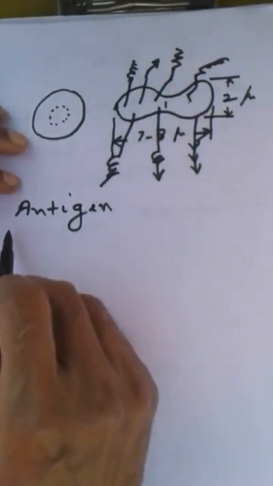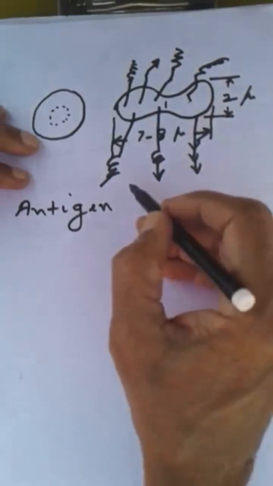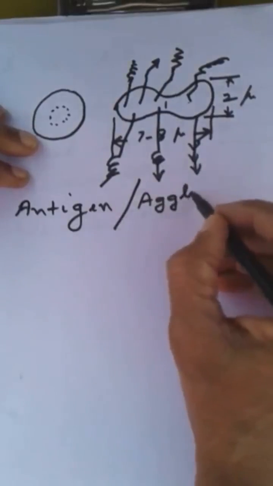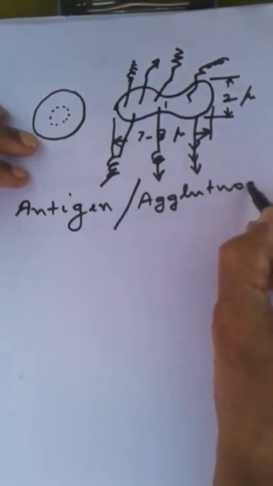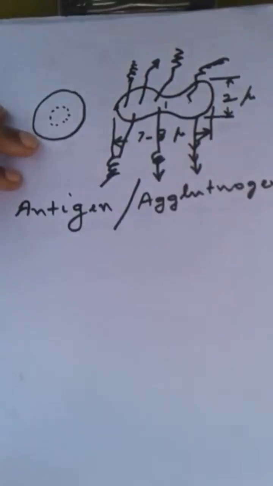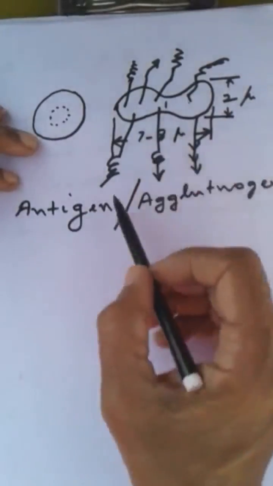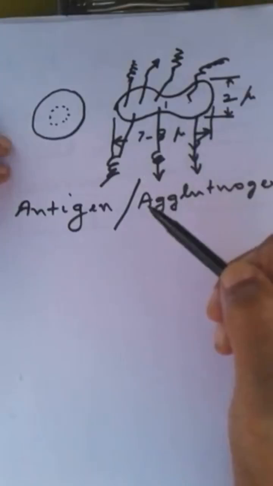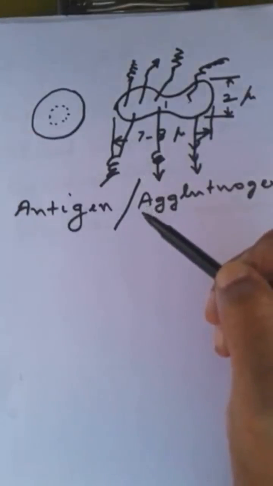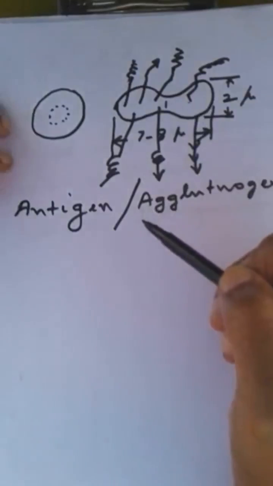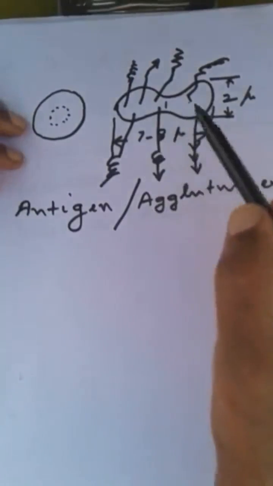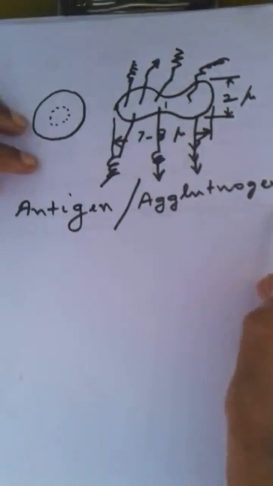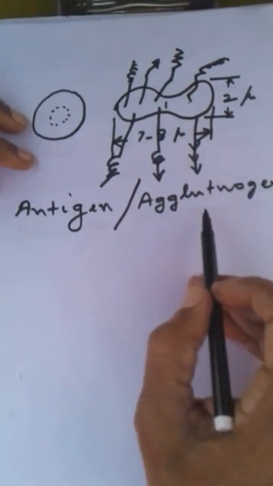This antigen is also called agglutinogen. So, there are two names for all these projections, which you can see only through an electron microscope; they cannot be seen with our naked eye. The cell itself is very, very small, and these antigens are much smaller than the cell.